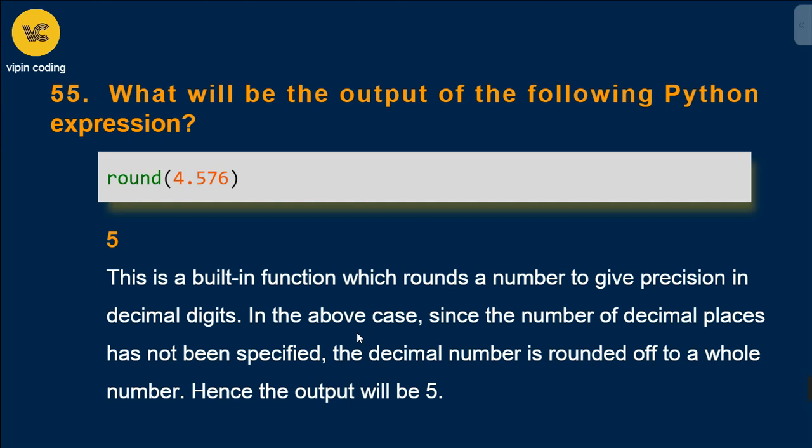This is a built-in function which rounds a number to the given precision in decimal digits. In the above case, since the number of decimal places has not been specified, the decimal number is rounded off to a whole number. Hence, the output will be 5.